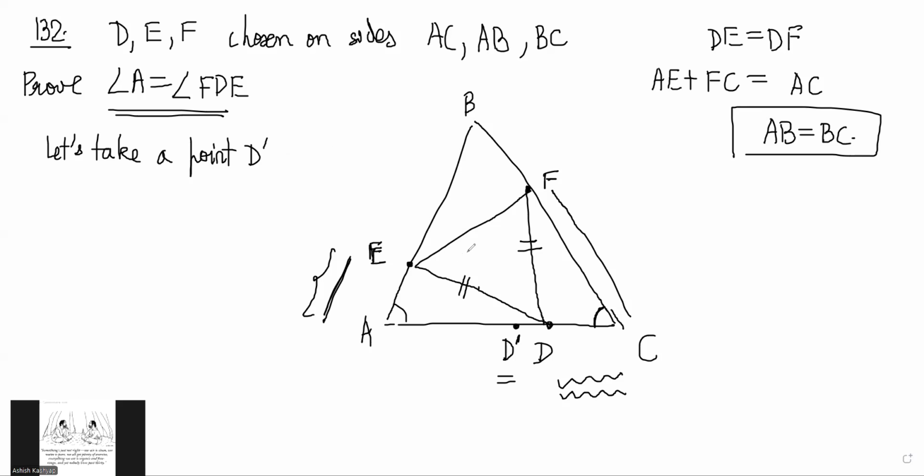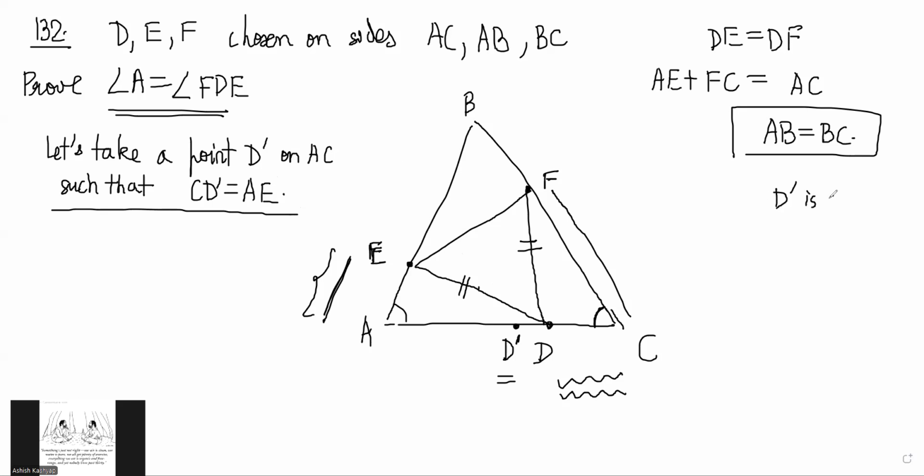I don't know right now what you're saying. I'm going to just try what I'm doing. Let's take a point D dash on AC such that CD dash is equal to AE. Do you understand what I'm saying? Later, I'm going to try to show that D dash is the same as D. Basically, I don't know right now that this length is equal to this length.